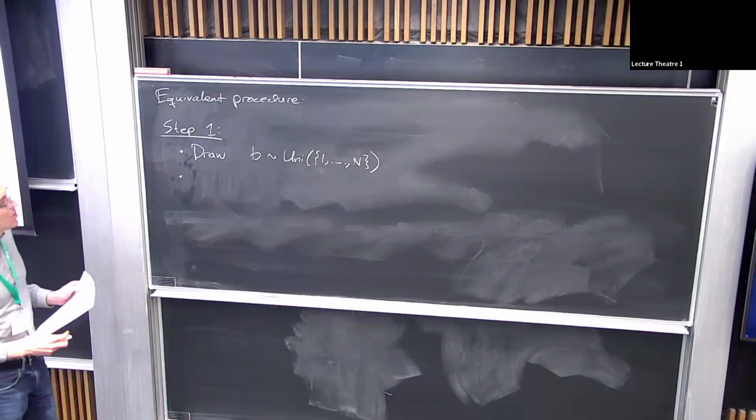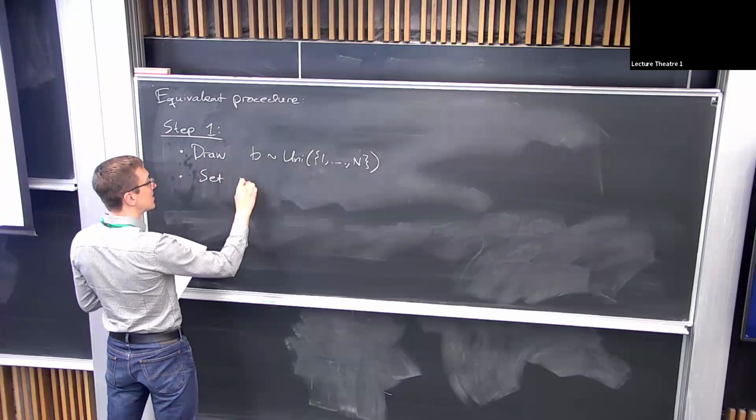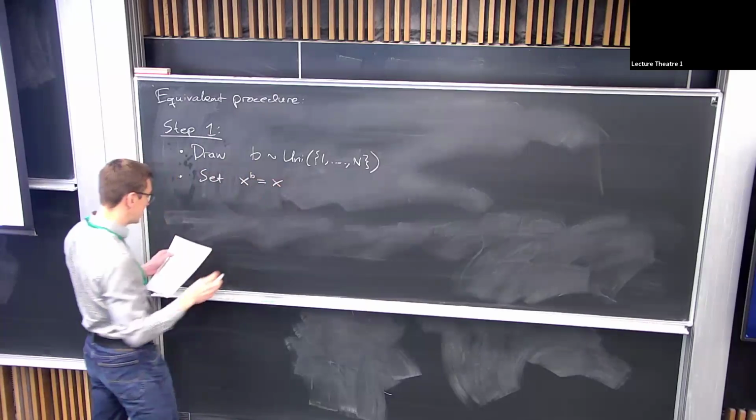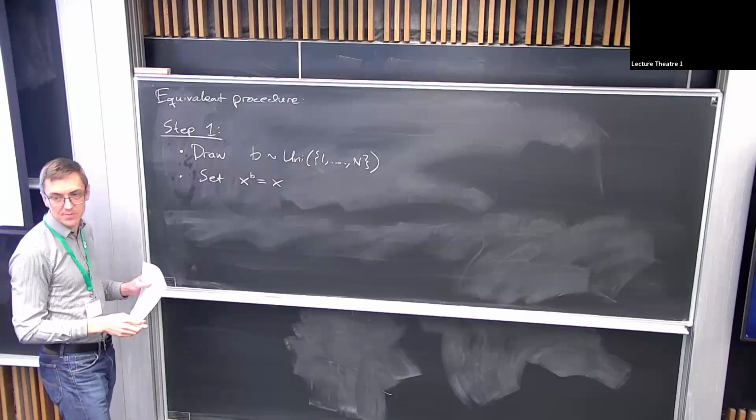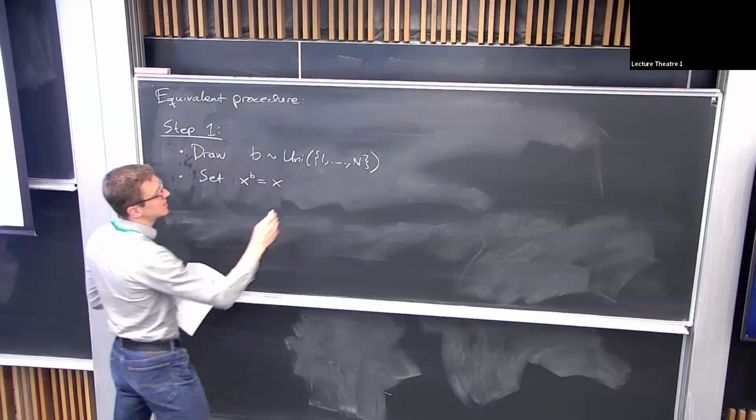So draw this variable b, and then I set the b-th sample here according to the input x. That's the blue. And this is the only difference.